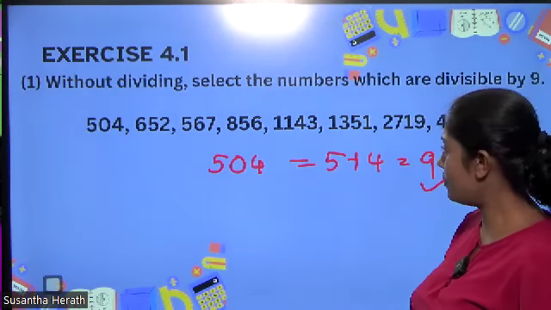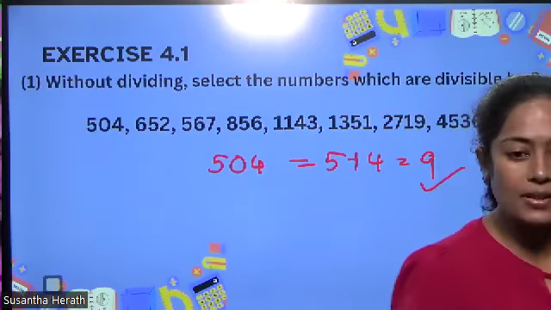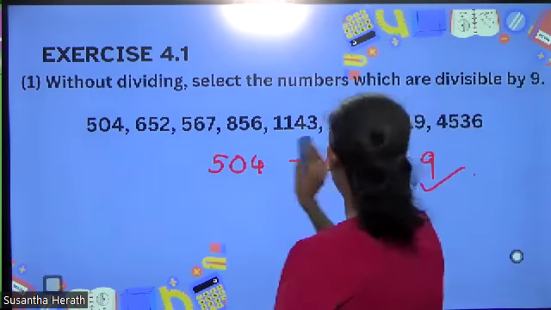This is easy for you. You can insert a table and write the numbers.